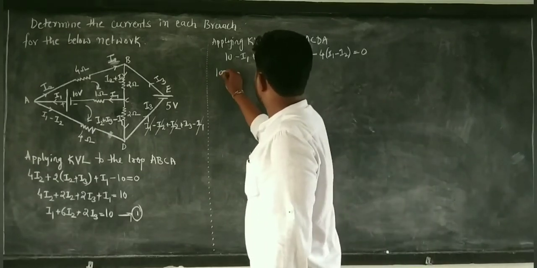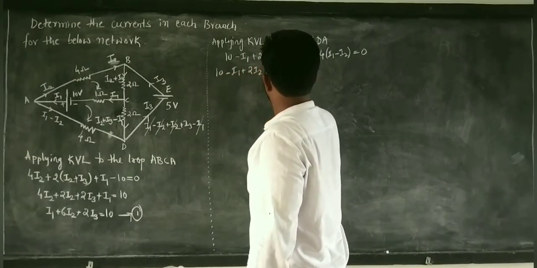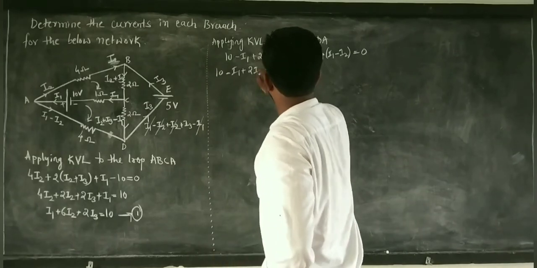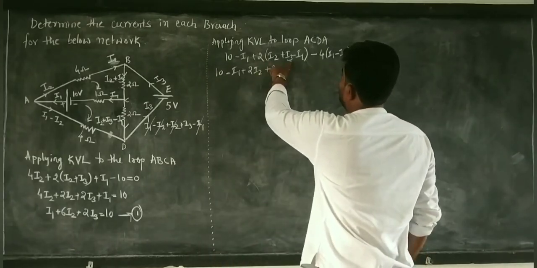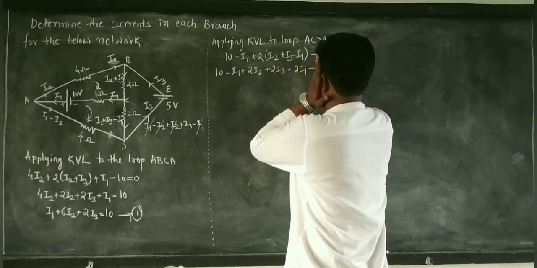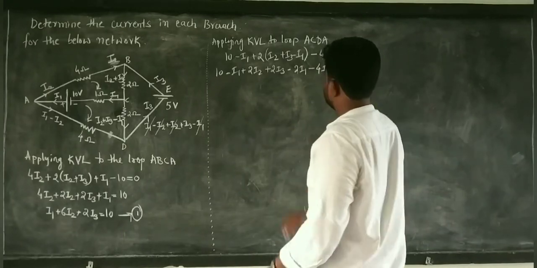Okay, so let us solve this. I1 plus 2I2 plus 2I3 minus 2I1 minus 4I1 plus 4I2 is equal to 0.